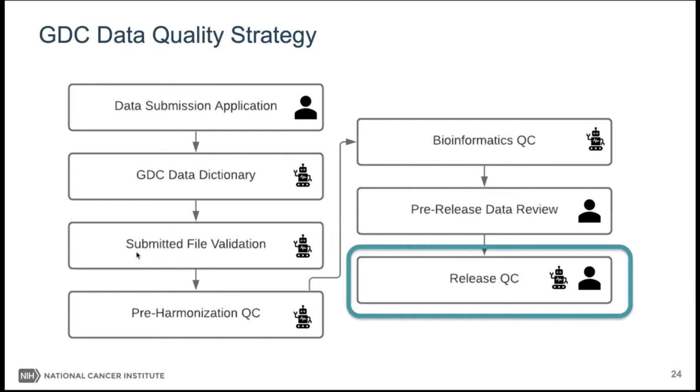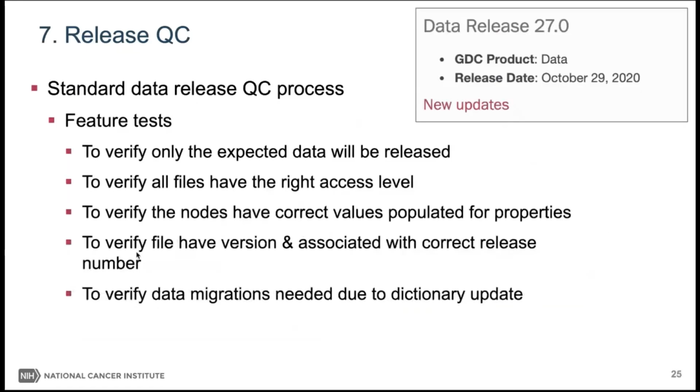Once the pre-release review is completed, the next step is release QC. The release QC is a standard data release QC process. It consists of 3 sub-steps. The first sub-step is a feature test.